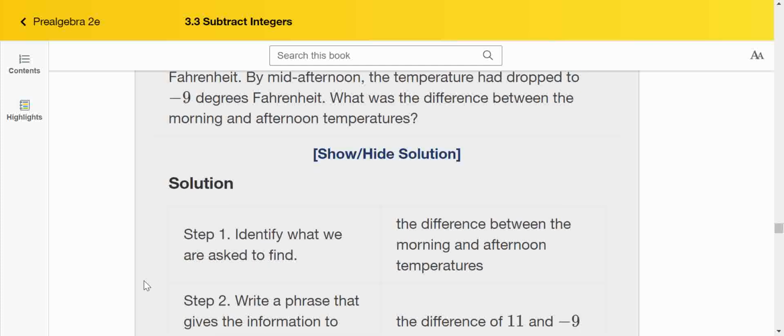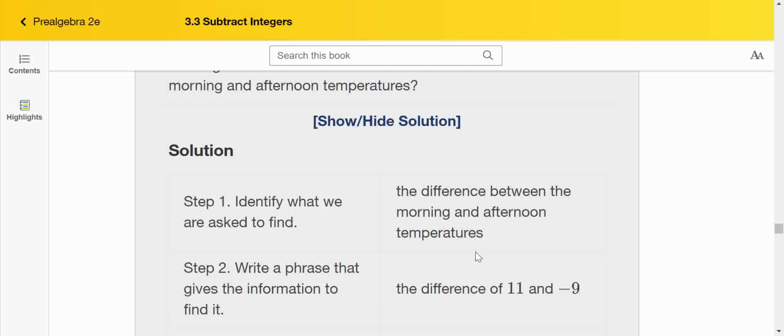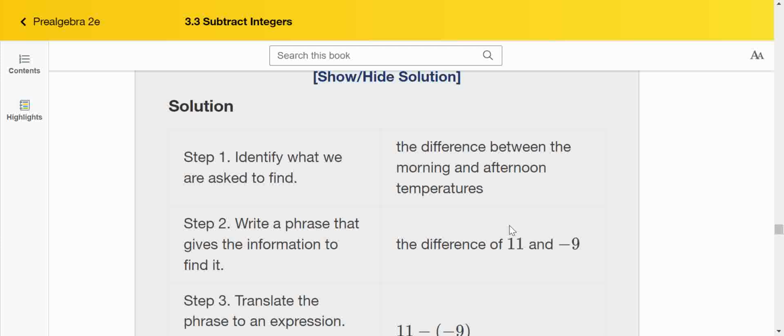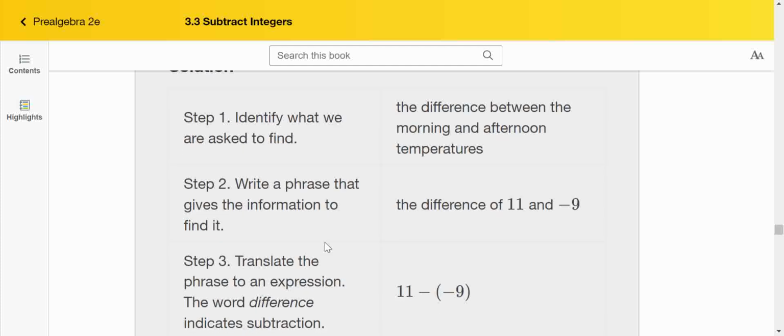Solution. Step 1. Identify what we are asked to find. And that is the difference between the morning and afternoon temperatures. Step 2. Write a phrase that gives the information to find it. That is the difference of 11 and minus 9. Step 3.